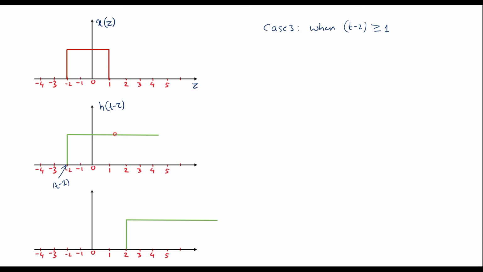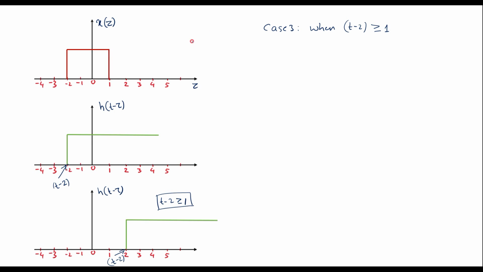So now we are supposed to shift this h of t minus tau towards right such that this t minus 2 point, that is this point, should go beyond 1. Here I have shown that signal, that is h of t minus tau, where t minus 2 is greater than or equal to 1. So here we can see that this point is t minus 2, which is greater than 1.